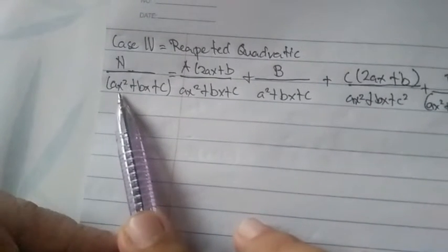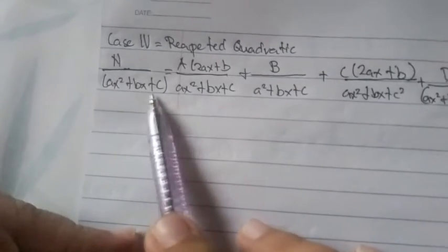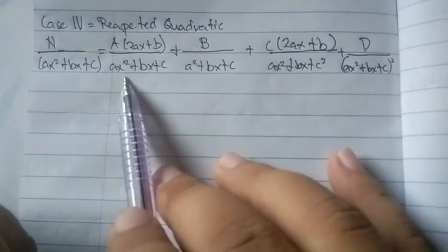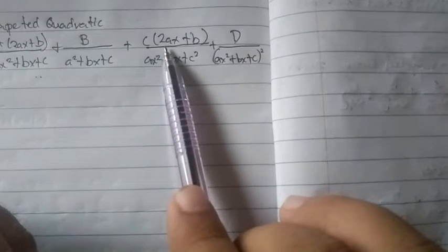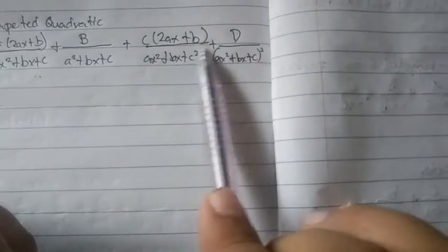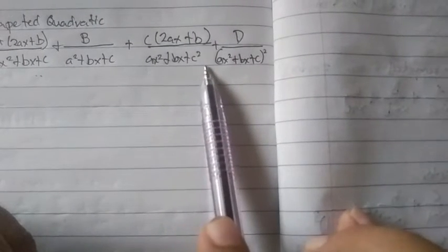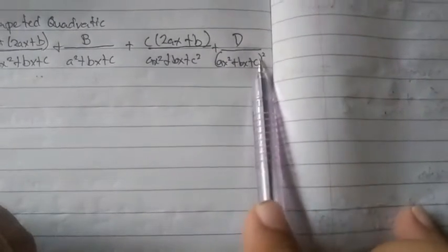N over ax squared plus bx plus c equals a(2ax plus b) over ax squared plus bx plus c, then plus b over ax squared plus bx plus c, then c(2ax plus b) over (ax squared plus bx plus c) squared, then plus c d over (ax squared plus bx plus c) squared.